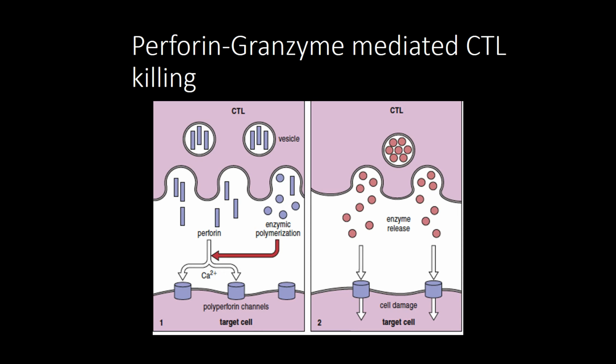That allows the enzyme, granzyme A or B, to get through into the cytoplasm of the target cell. The granzyme will then interact with another protein, one of the caspases, and when it does that, it stimulates the process of apoptosis.